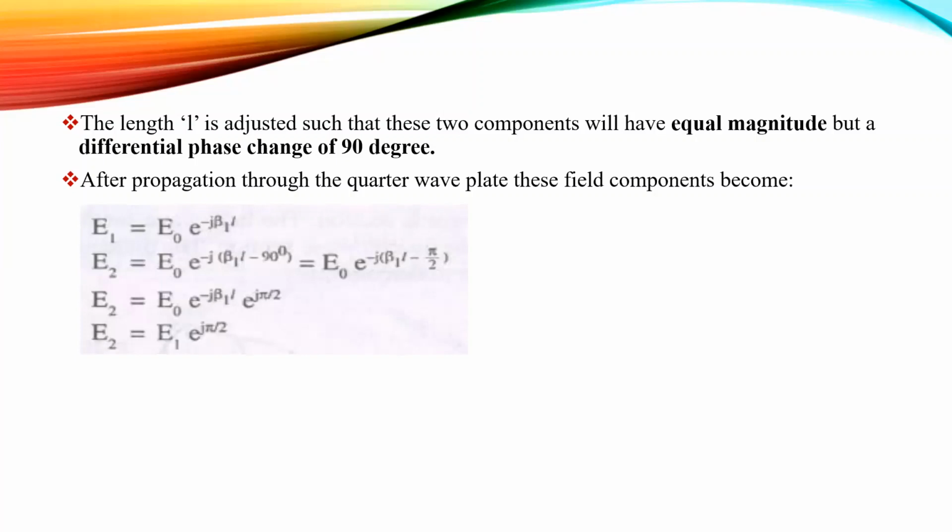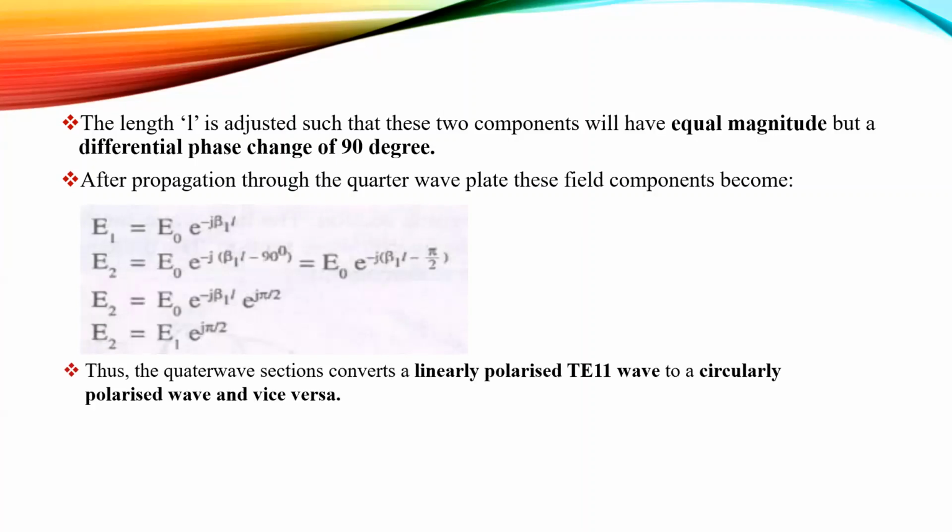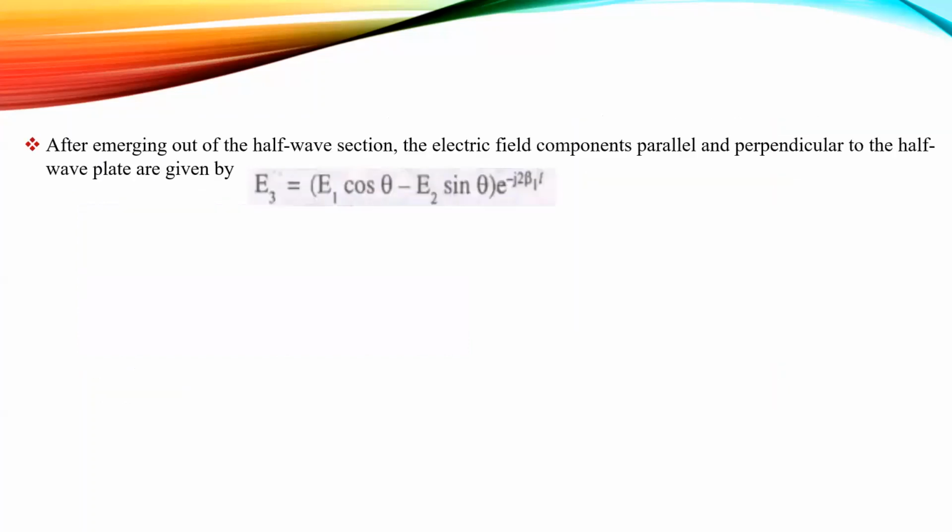E2 will be equal to E1 e power minus j pi by 2. Thus, the quarter wave section converts the linearly polarized TE11 wave to the circularly polarized wave and vice versa.